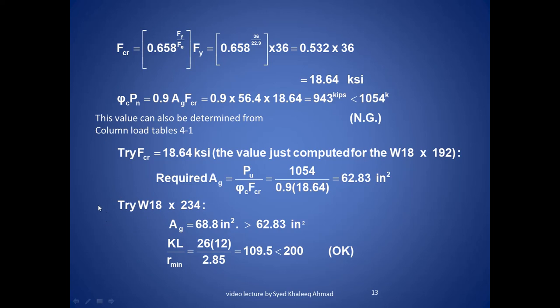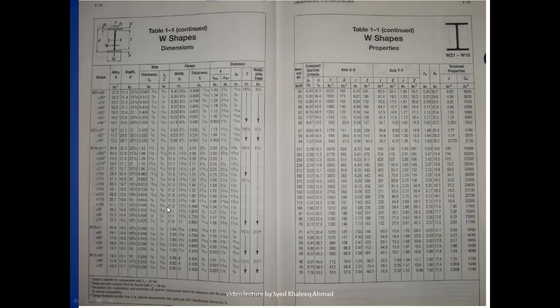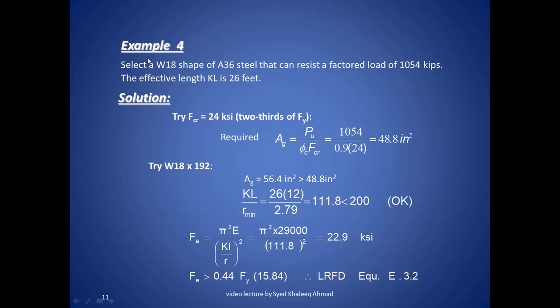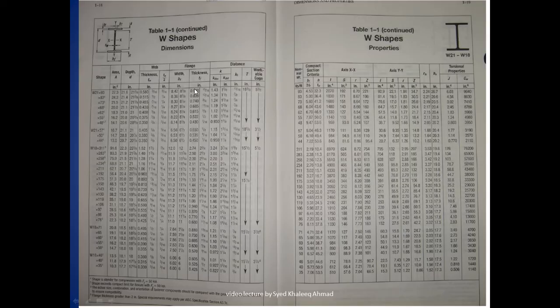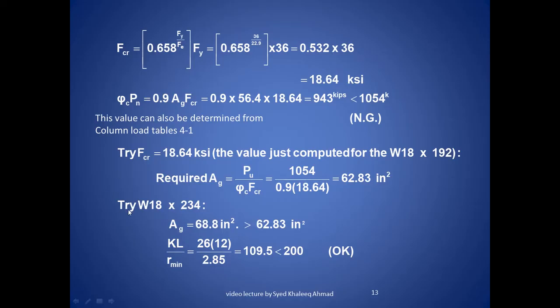Now we try another section. Again we have to be restricted to W18 as it is given in the question that the section should be W18. We cannot take any other section. So W18 by 234 is selected based on this 62.83 square inch.